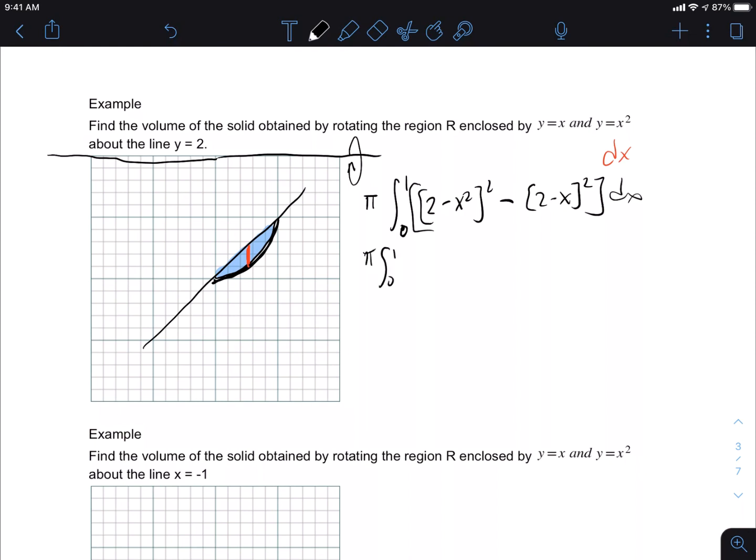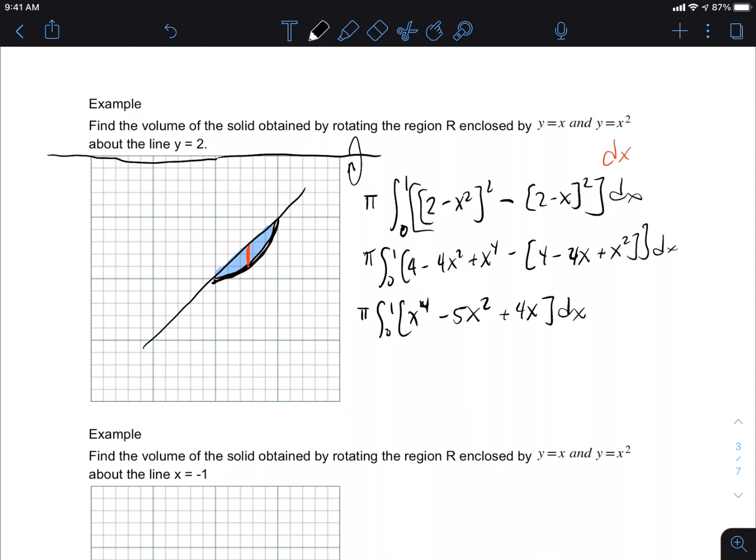It's pi, 0 to 1. This is going to be 4 minus 4x squared plus x to the 4th, minus 4 minus 4x plus x squared, dx, which will be x to the 4th minus 5x squared plus 4x dx. Agreed? It's good?